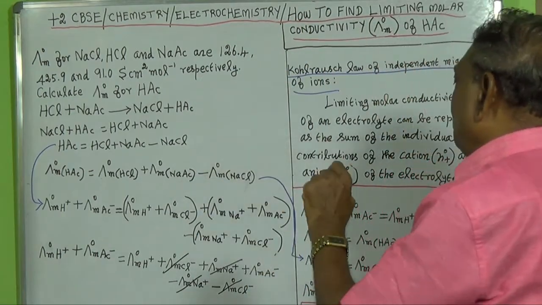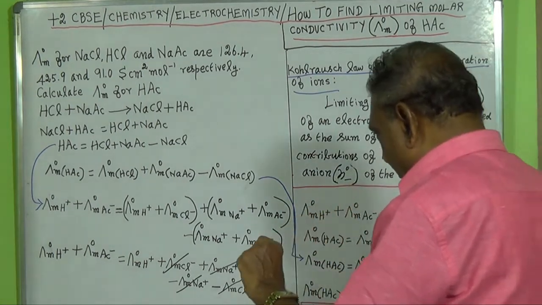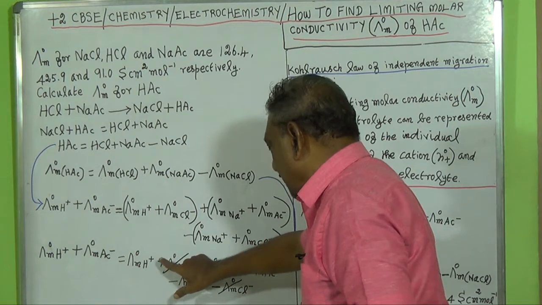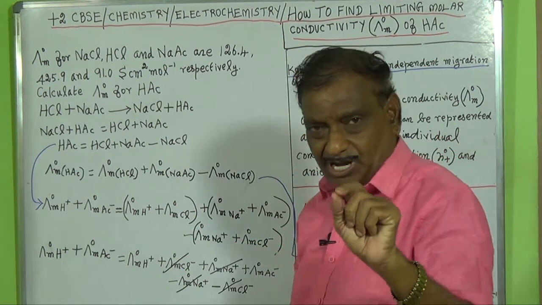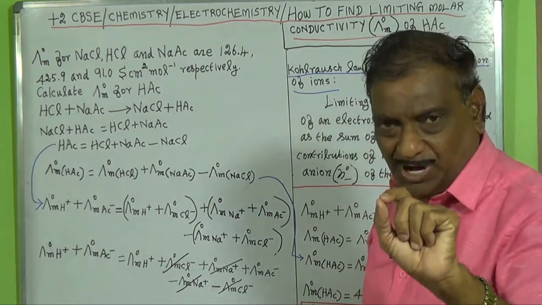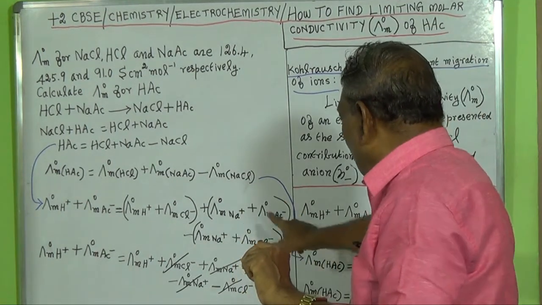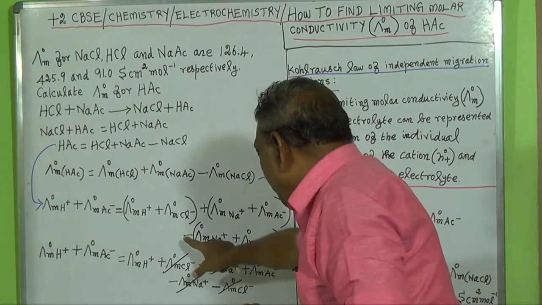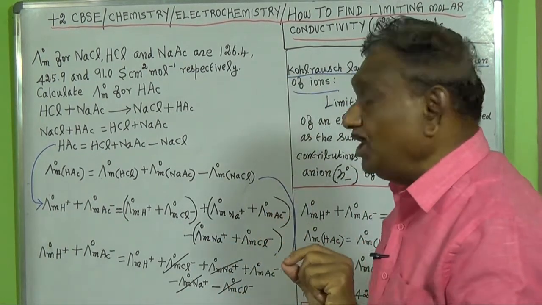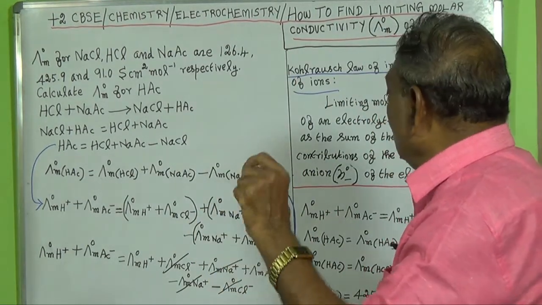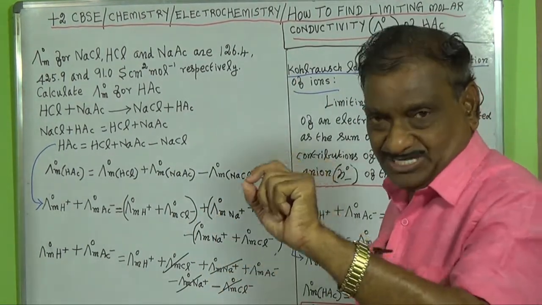If we remove the bracket, we will get limiting molar conductivity of H plus, limiting molar conductivity of Cl minus, plus limiting molar conductivity of Na plus, limiting molar conductivity of Ac minus, minus limiting molar conductivity of Na plus, minus limiting molar conductivity of Cl minus.